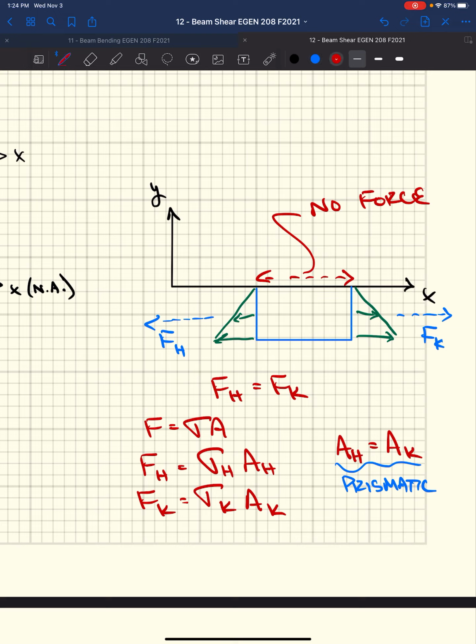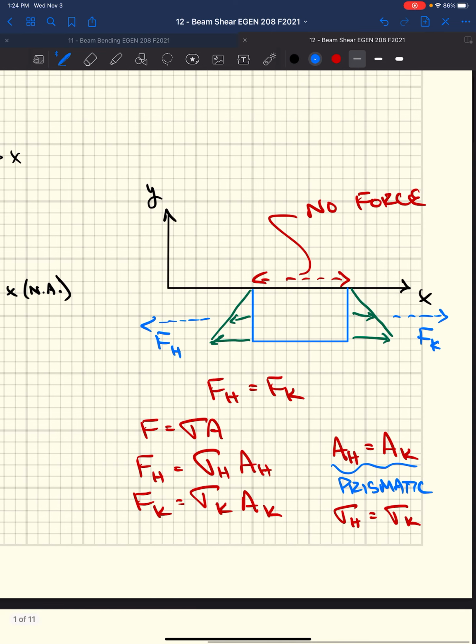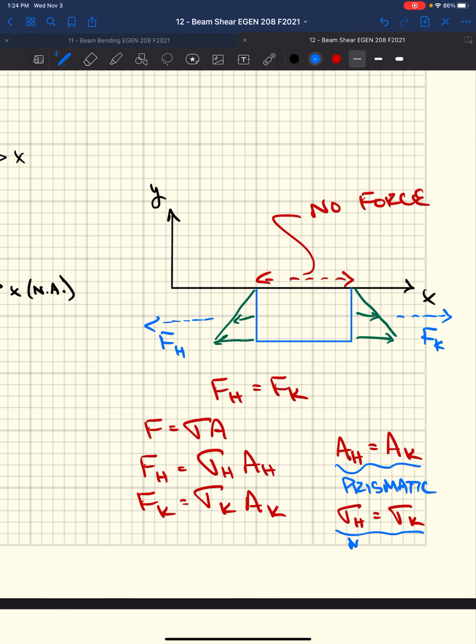We can also say that the stress at H is the stress at K, because our moment's the same, right? Because our moment's the same, it's prismatic.